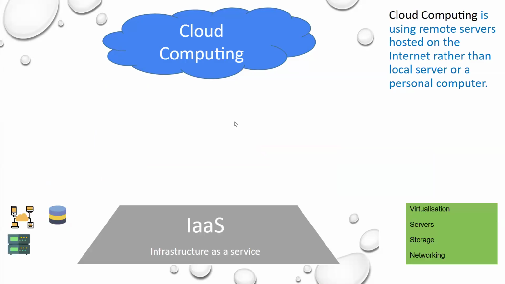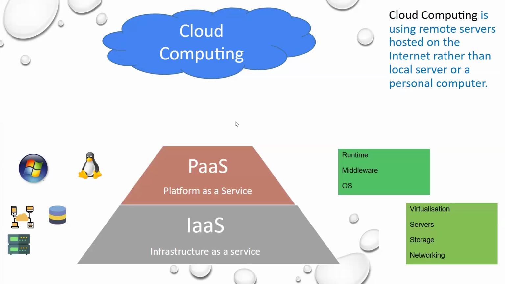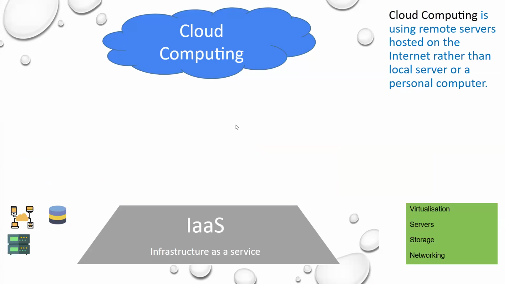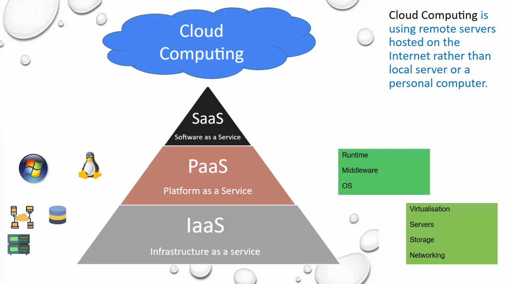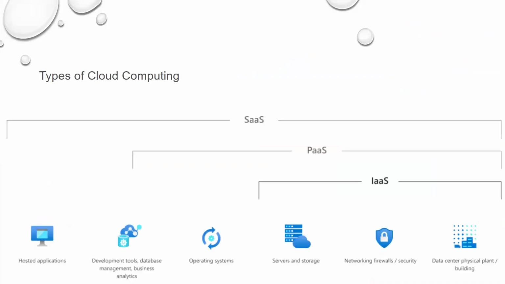Right now, I have prepared this as an animation, but I have already explained. Here you will see infrastructure as a service is the base, then platform as a service. This is the same idea.